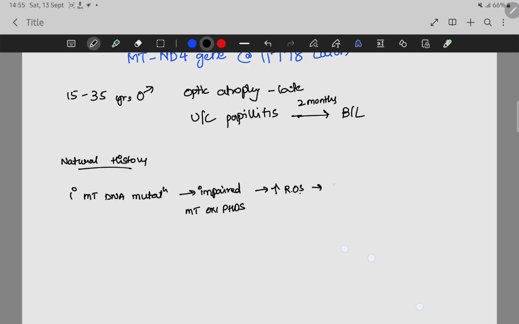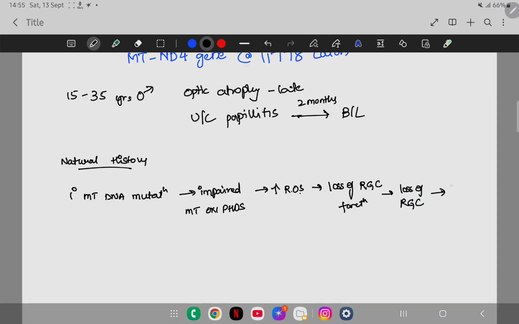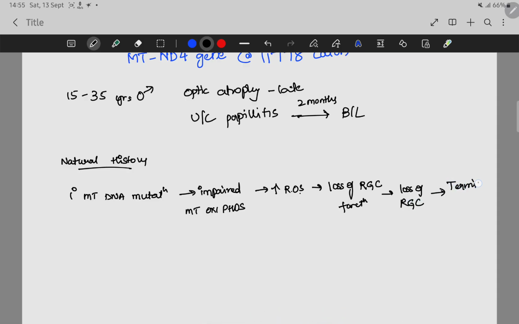This causes oxidative stress, and there is loss of retinal ganglion cell function. Then there is loss of the retinal ganglion cells themselves, which causes terminal visual loss. There are also some external factors which cause this impairment of mitochondrial oxidative phosphorylation.